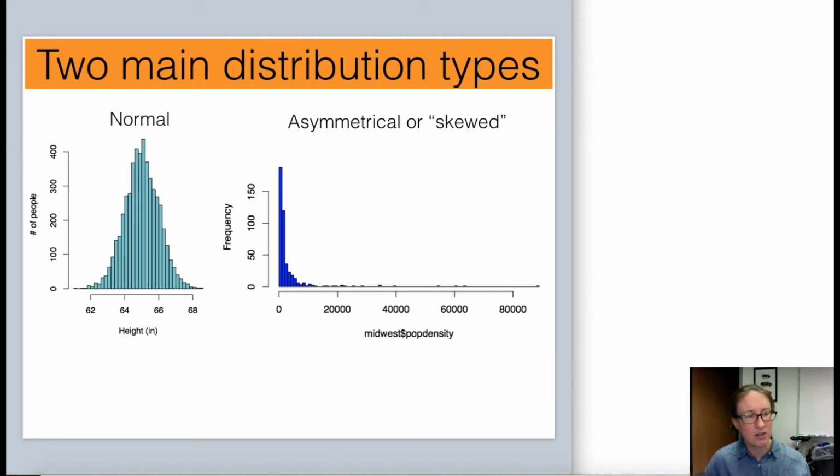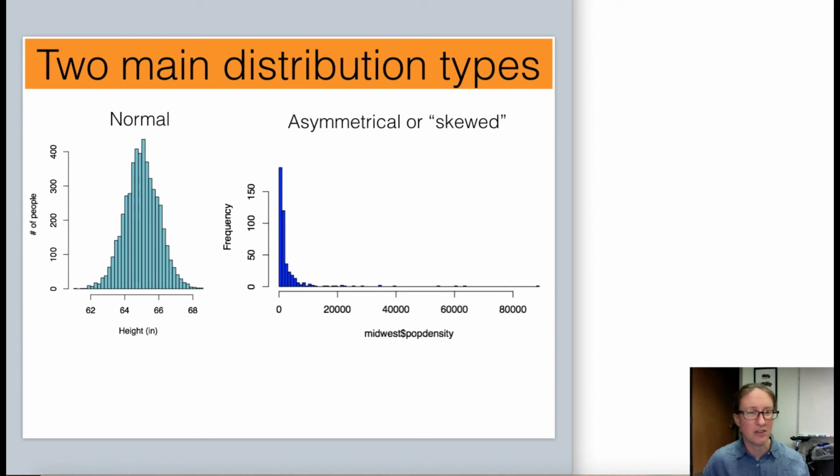These are the two major types of distributions that we are likely to encounter in the wild: this normal distribution and this asymmetrical distribution, or the statistical term used to describe it, a skewed distribution. Most of the values are in one place, but then a small number of values are very spread out from the majority of the values.